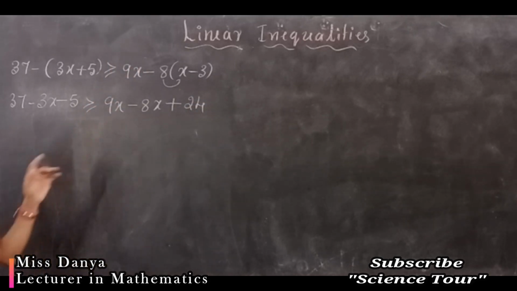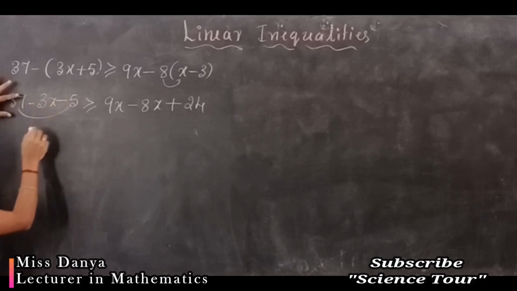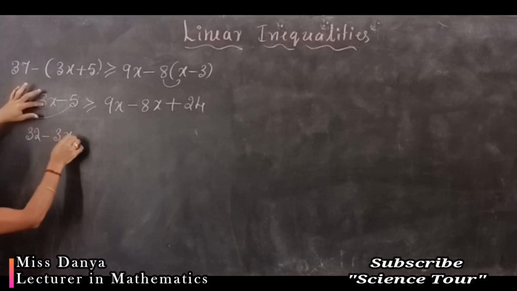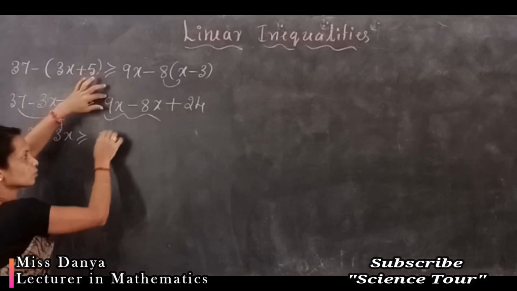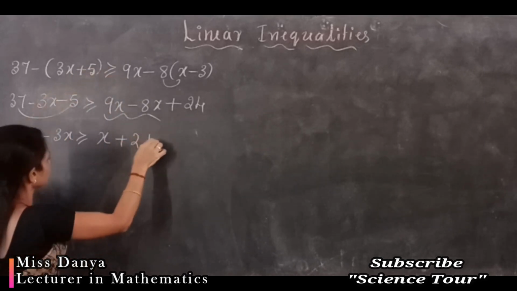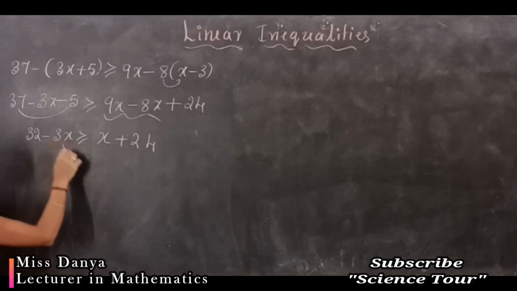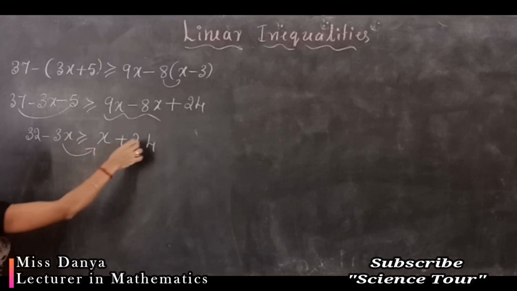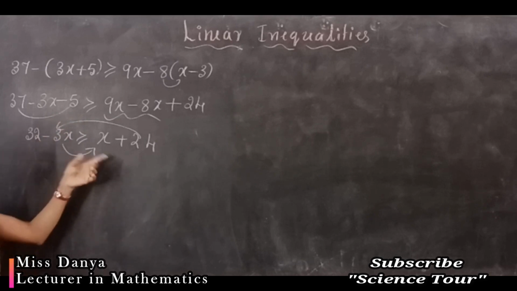Add like terms and numbers here. Numbers you can add: 37 minus 5 is 32, minus 3x greater than or equal to 9x minus 8x, that is 1x or just x, plus 24. Now the x term is larger on the right side, so to the right side you have to shift the x term, and on the other side you have to shift numbers.